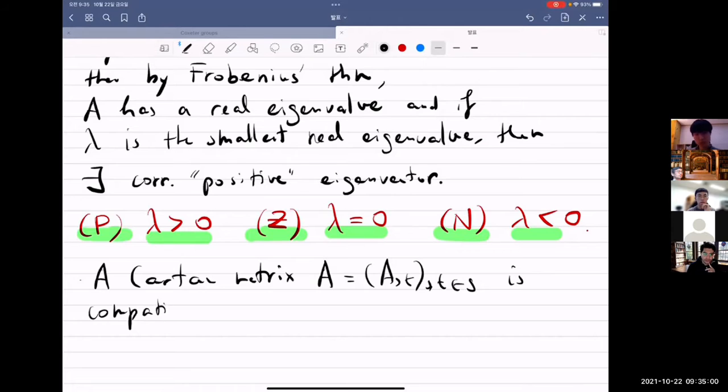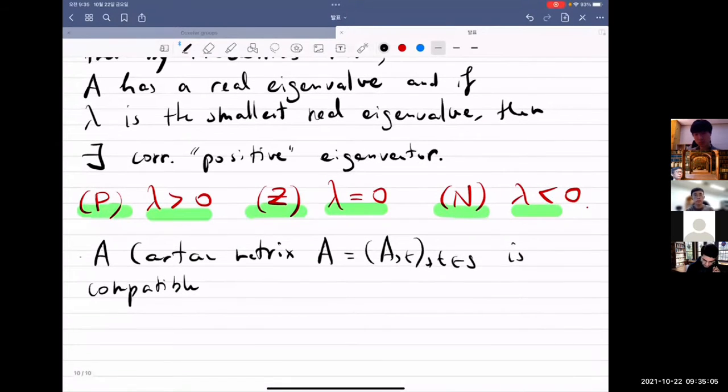So now I want to relate the Cartan matrix with the Coxeter group. So comparable with the Coxeter group W(S, M). You remember the notation: this S is a generating set, and this M is the Coxeter matrix, right?